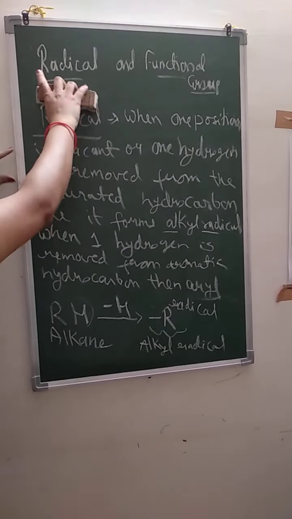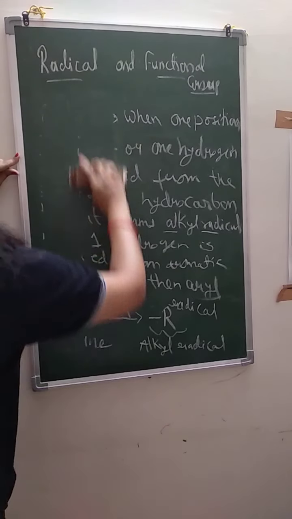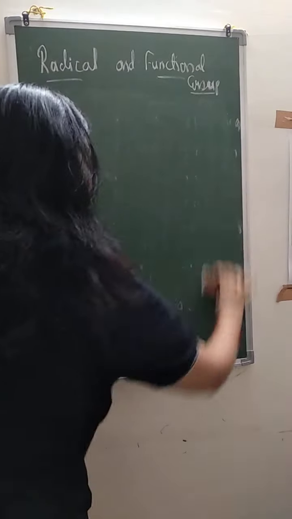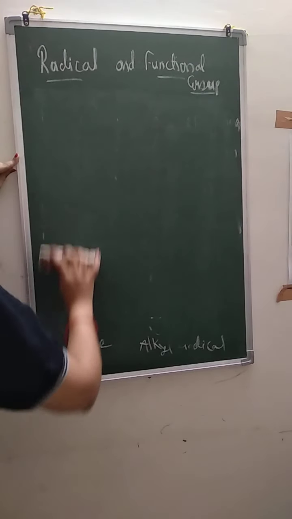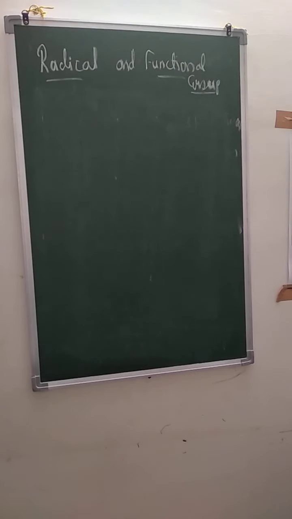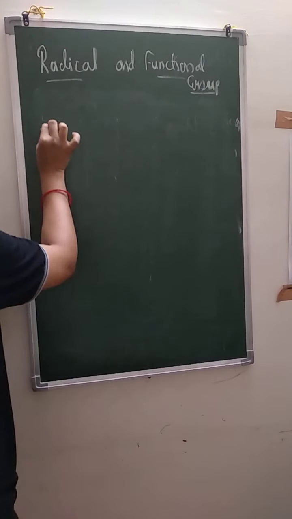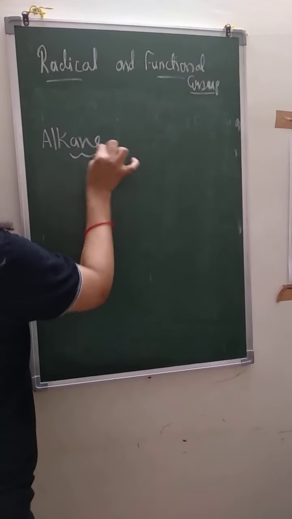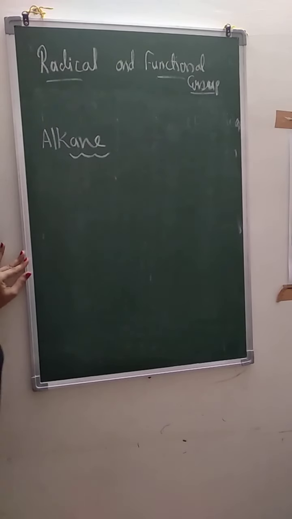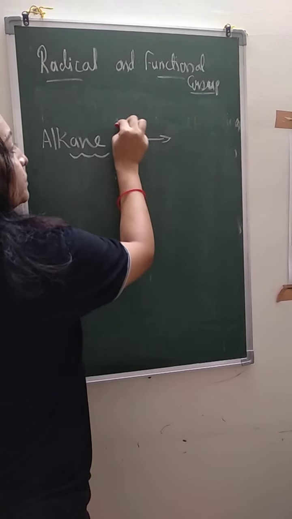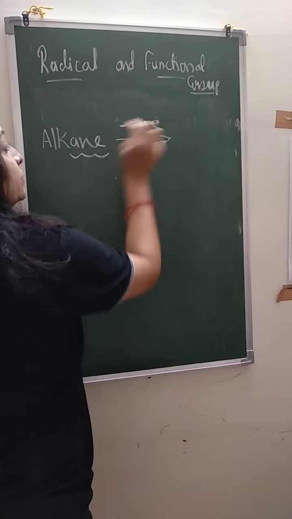Now what is the naming of this radical, or how is the naming of this radical? Suppose here the name is alkane. This suffix ane is removed.